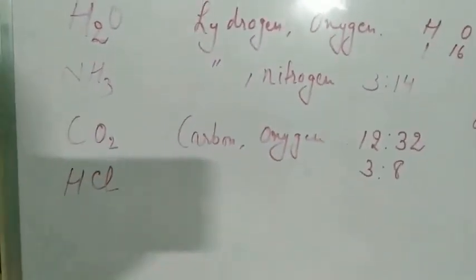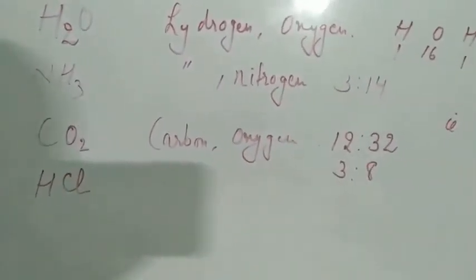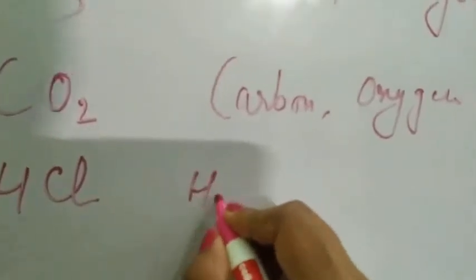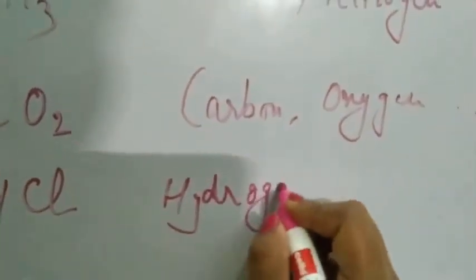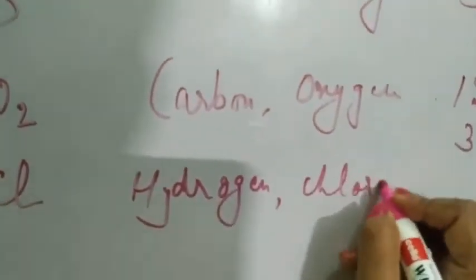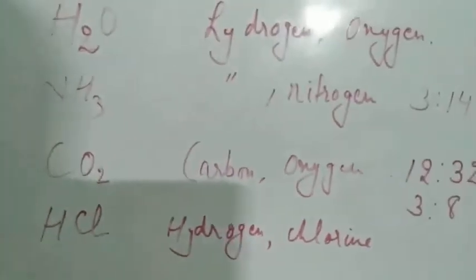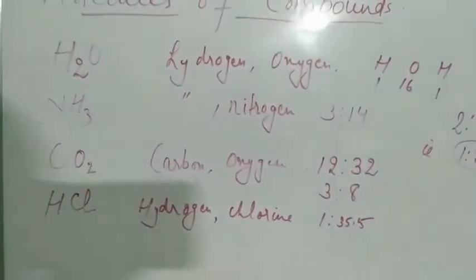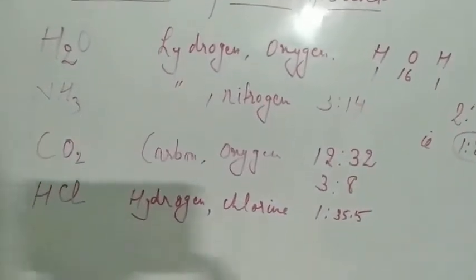So carbon and oxygen combine in the fixed ratio of 3 is to 8 to form carbon dioxide. Then hydrogen chloride, where we have hydrogen and chlorine. So what is the ratio here? We know hydrogen is 1 and chlorine is 35.5, right? So these elements combine in a fixed ratio to form different compounds.